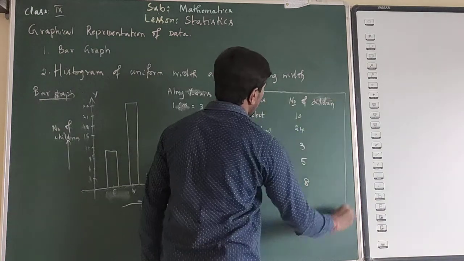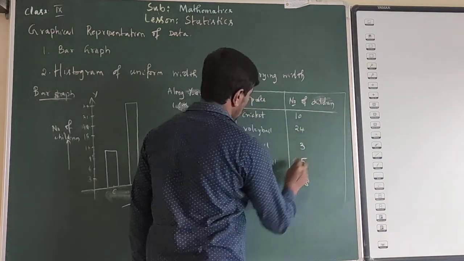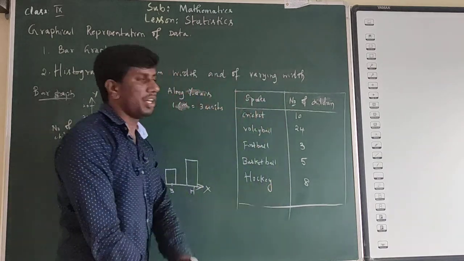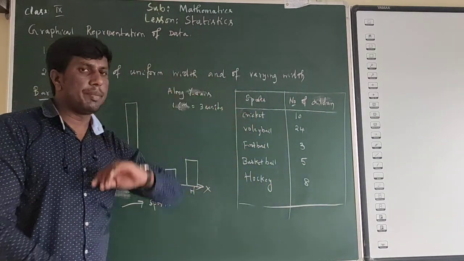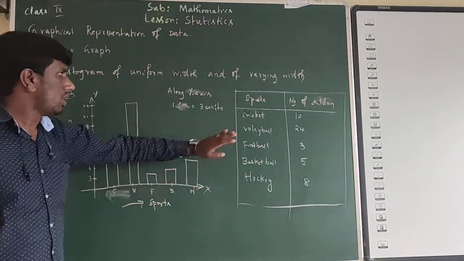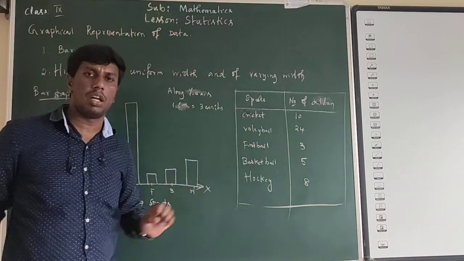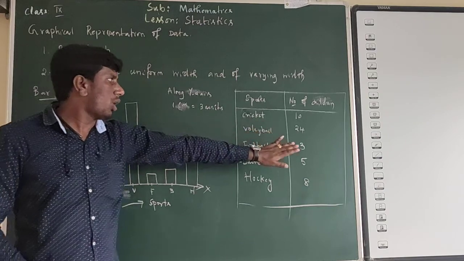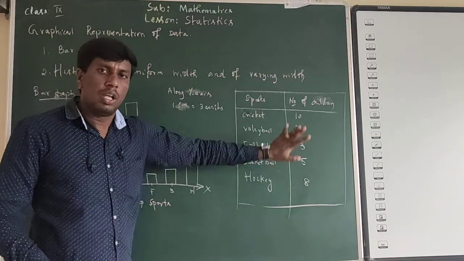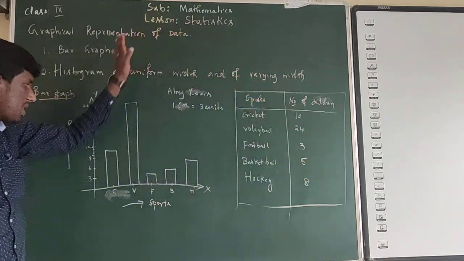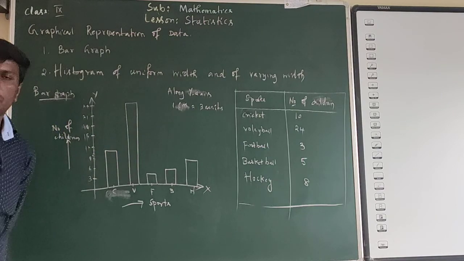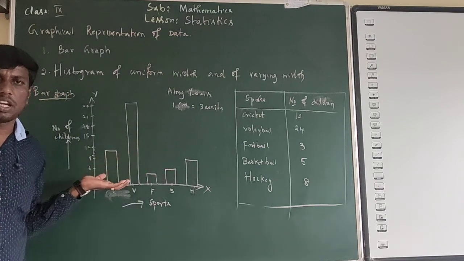Suppose this is the data which I have taken in the classroom. I have collected the information in the classroom and organized it in the form of a table. So this table I have represented in terms of a bar graph. Of course, bar graph is very easy.